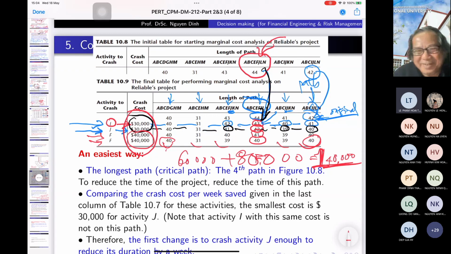People sign a contract with you and tell you that you get some bonus if you finish before the deadline, but they calculate everything already. It's quite strict, very hard.